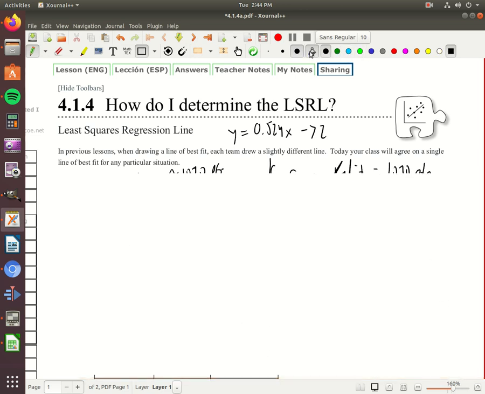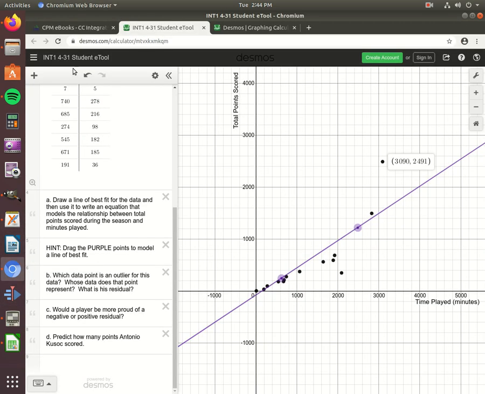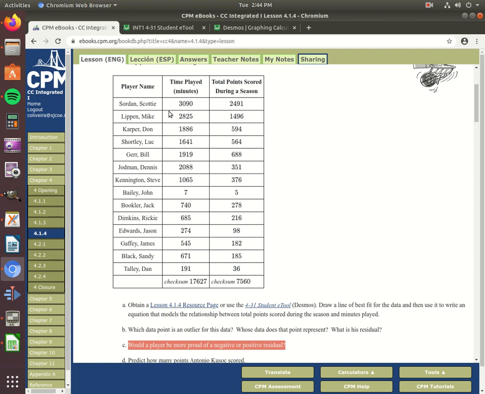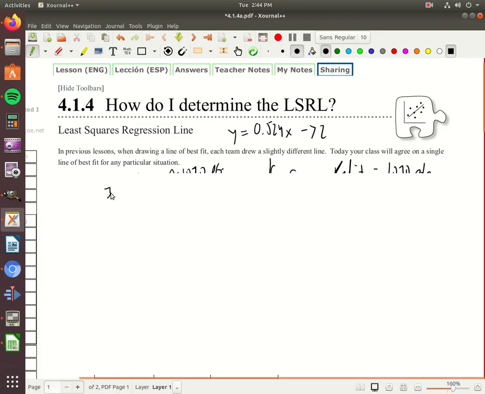So Jordan's data point was actually 30, 90, 24, 91. So this is his actual.